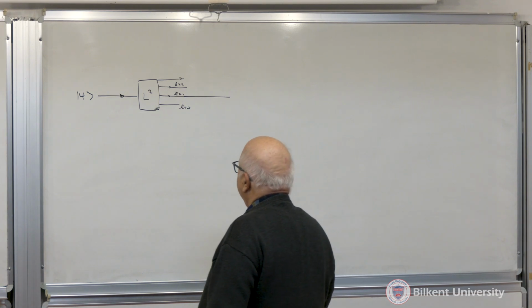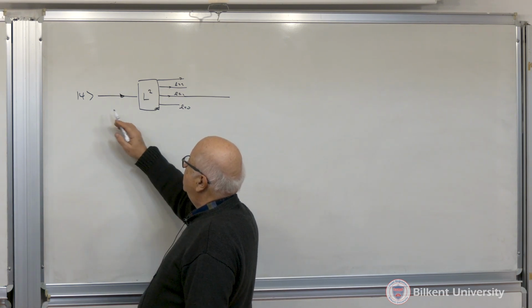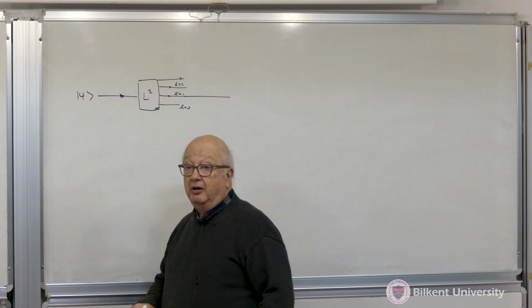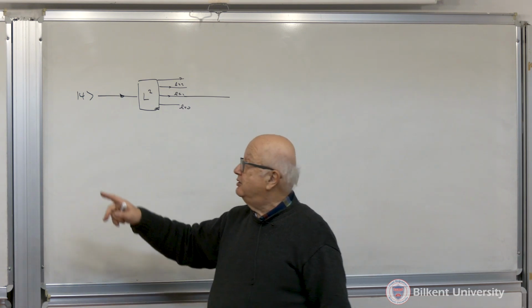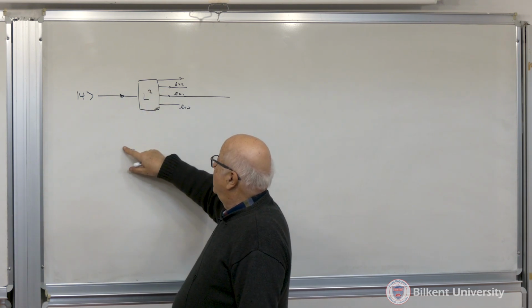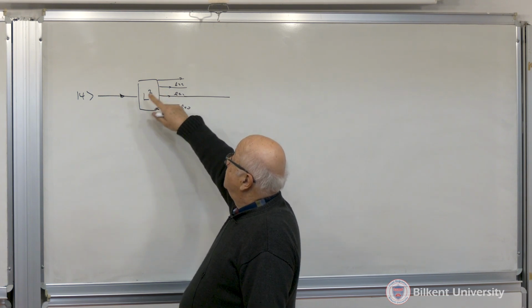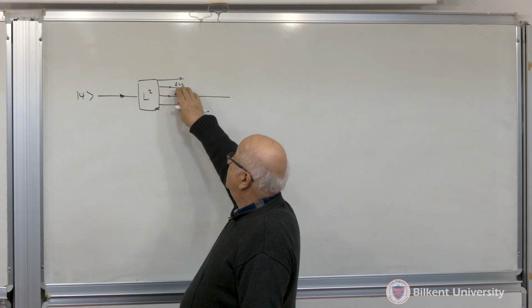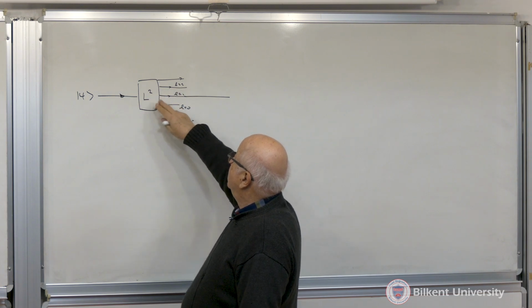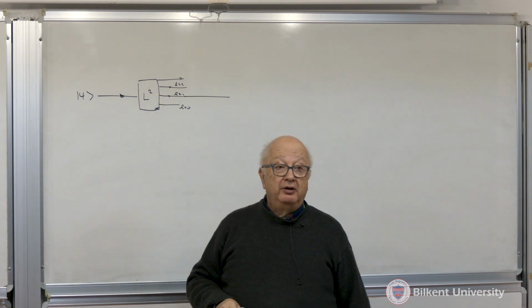Typically how you do this experiment is you have an atomic beam of particles coming in, and you have some instrument which separates these incoming particles according to their angular momenta.